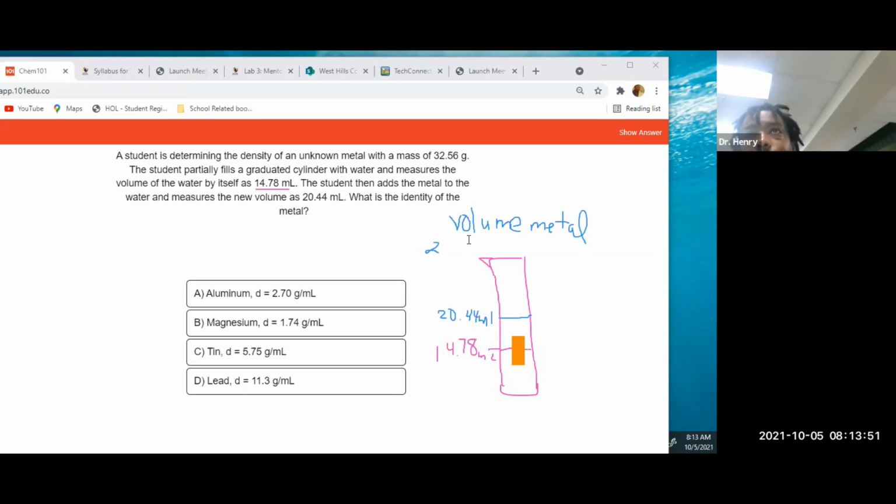Yep, that's exactly what you're going to do. So we got 20.44 milliliters minus 14.78 milliliters. And then that's going to give me my volume of the metal. Okay, so let's go do that.